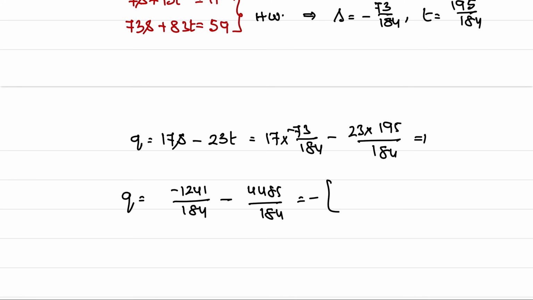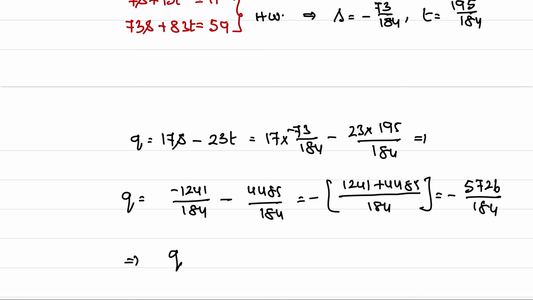That is equal to minus, 184 is common, 1241 plus 4485, that is equal to minus 5726 by 184. That implies Q is equal to minus 2863 by 92.